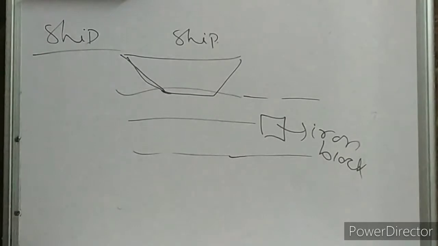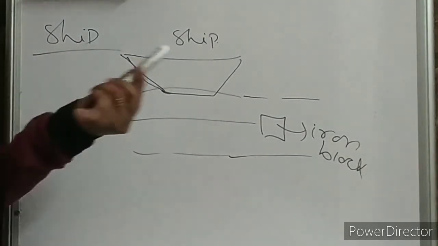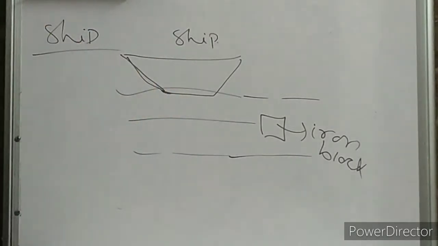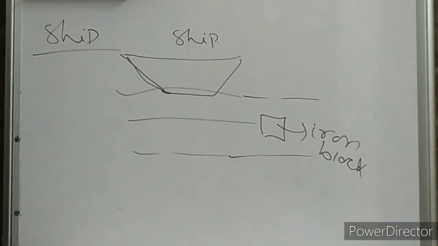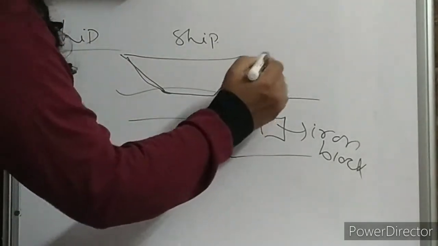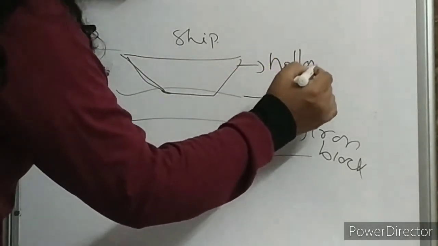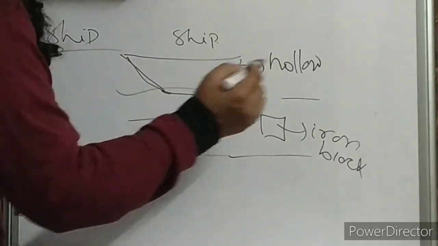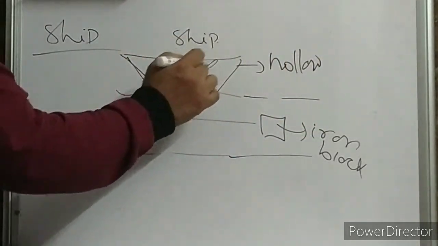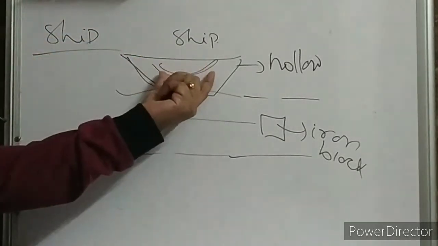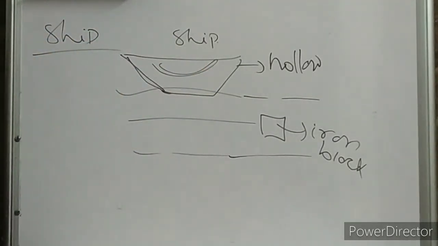Actually, this ship is not a solid block of iron and steel. Rather, the ship is made in such a way that it is hollow inside. Hollow means a lot of empty spaces are there. The shape is like that. It is hollow inside, so that means lots of air is there. Clear, children?